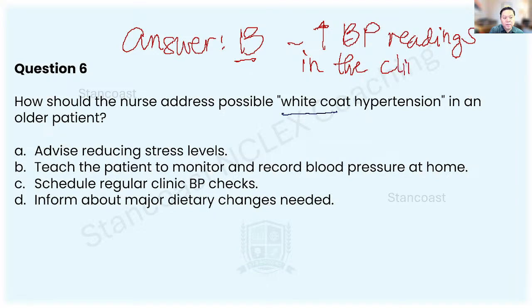However, when they're checking their blood pressure just by themselves at home, their blood pressure readings will be much more normal, okay? And so with this type of question here, yeah, we are going to teach the patient to monitor and record the blood pressure at home. That would be the most effective way of checking their blood pressure.